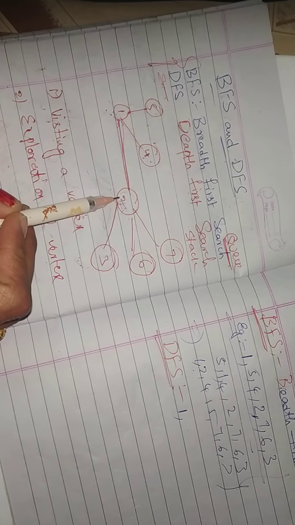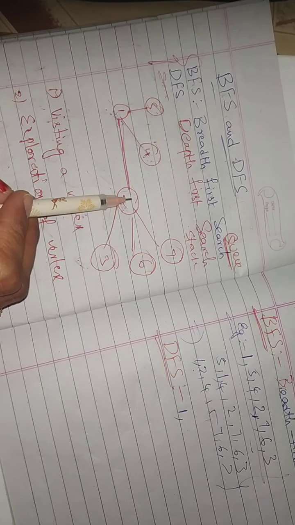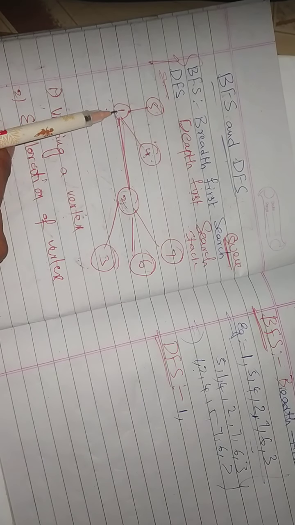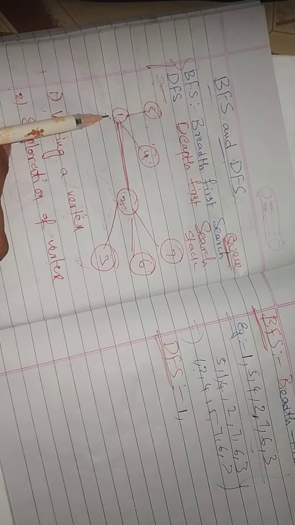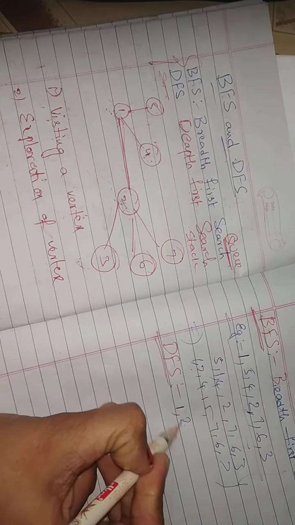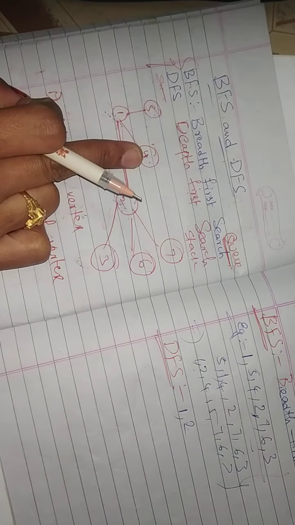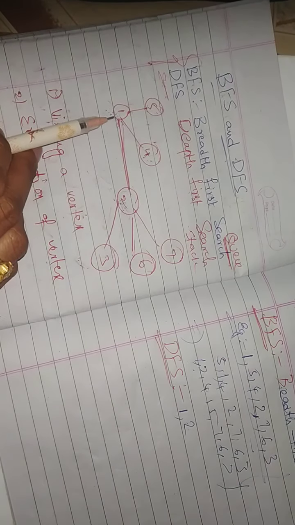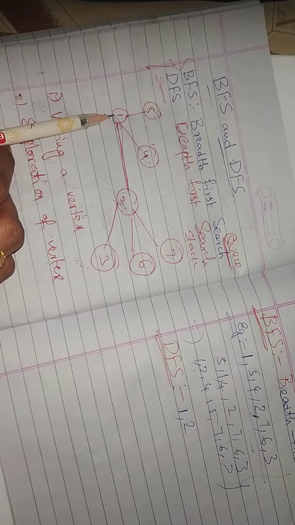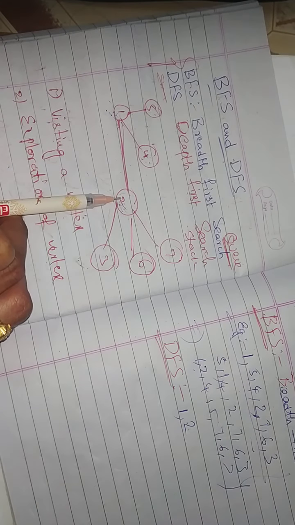I am taking 2. 1 explores 5, 4, 2, but you can take any one, not exploring the others. If you visited one, immediately visit the exploring vertex. So 1, 2. Here don't take 5, 4. Suspend it. So first I visited 1, and 1 visited exploring vertex 2, and immediately 2 is connected with this.